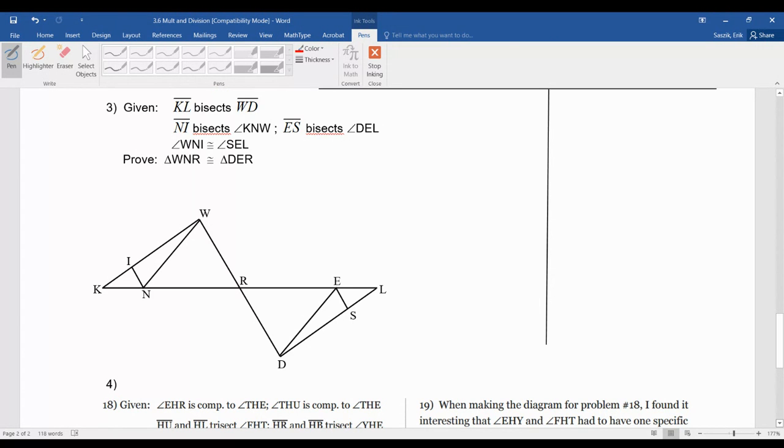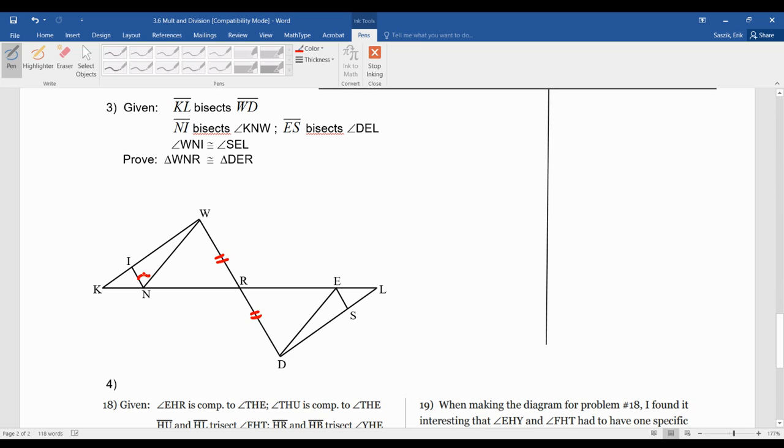So let's see here. KL bisects WD, so that means that's going to be congruent to that. I'm not going to show this bisection here because my diagram's going to get too messy. I just have to remember I have this double bisection going on. I might have to use multiplication or division.